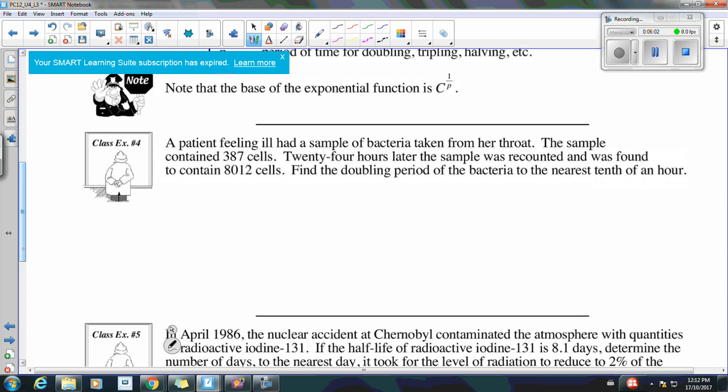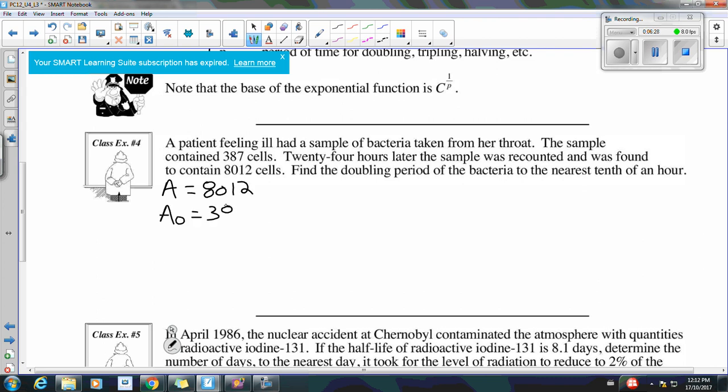So let's do some examples. A patient feeling ill had a sample of bacteria taken from her throat. The sample contained 387 cells. 24 hours later, the sample was recorded and was found to contain 8,012 cells. Find the doubling period of the bacteria to the nearest tenth of an hour. Okay, so our final amount was 8,012.